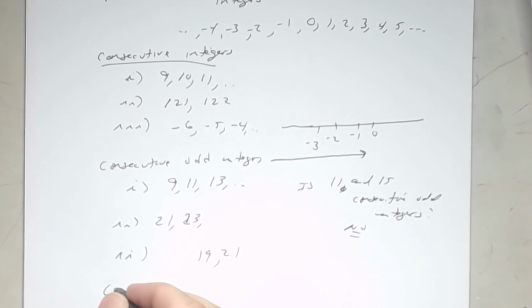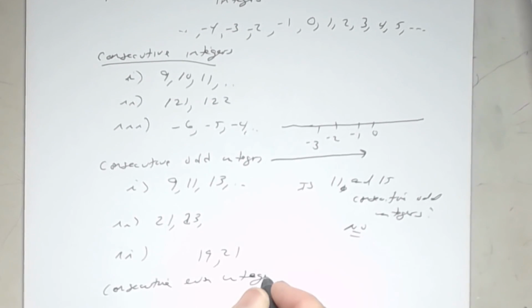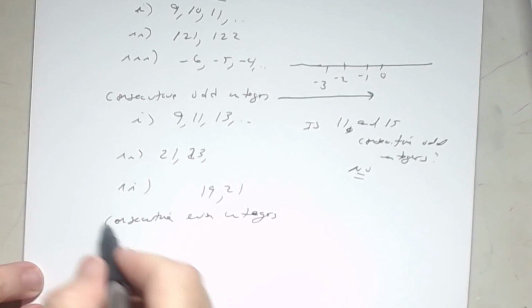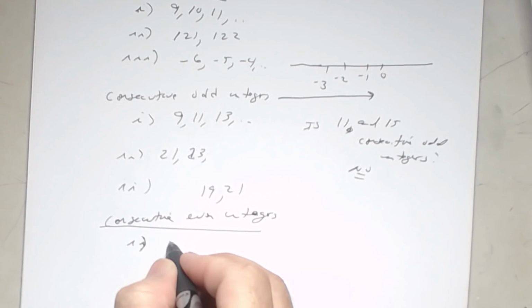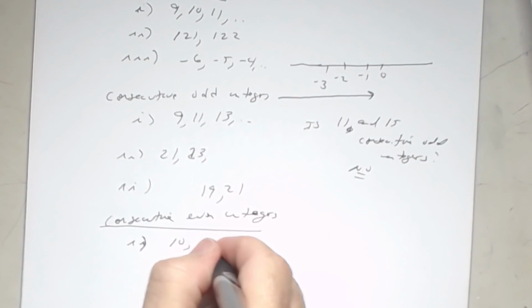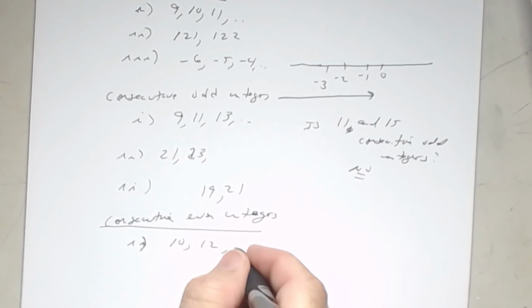And then consecutive even integers. So if the first one, let's say, is 10, then what's the next larger one? 12. You all agree? If we keep on going, there'll be 14 and so on.